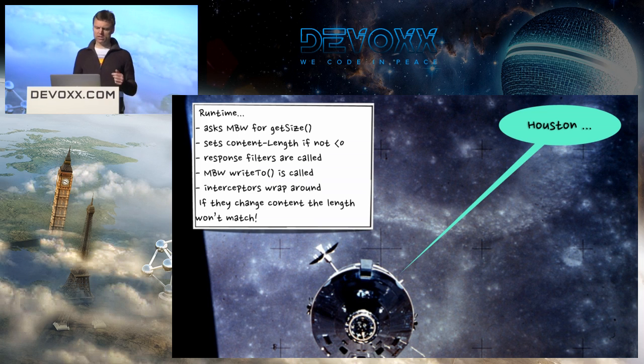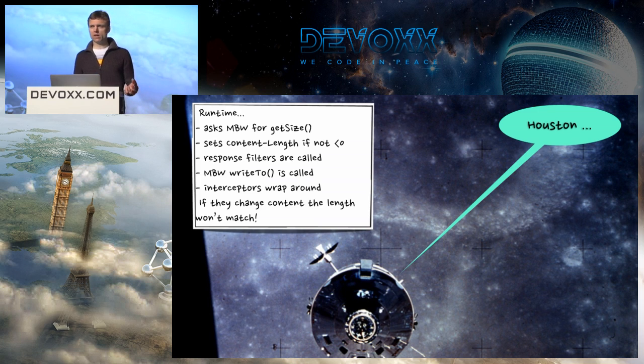The interceptors wrap around, and if the interceptors change the content length, then the new content length will not match the content length header supplied by the message body writer in the first place.